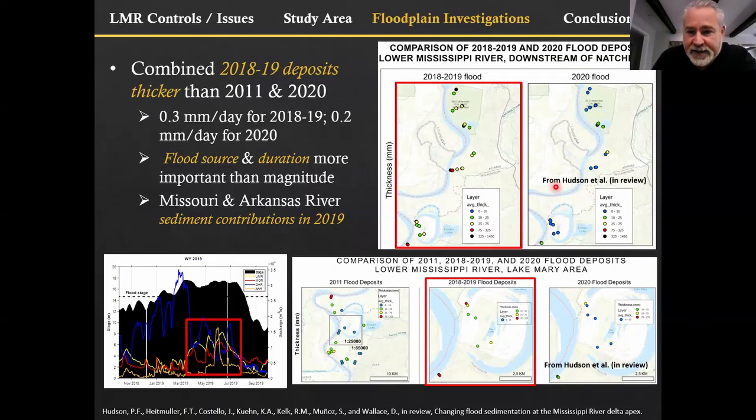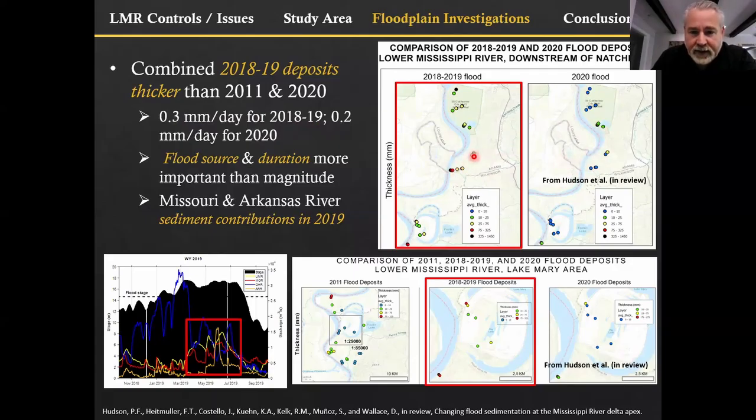But when we normalize it by the number of days that these floods were overbank, it became a little bit closer. About 0.3 millimeters per day were deposited on average in these overbank floodplains with the combined 2018-19 floods, and about 0.2 millimeters per day were deposited in the 2020 flood. One of the things that we need to think about are those changing source areas and the duration.